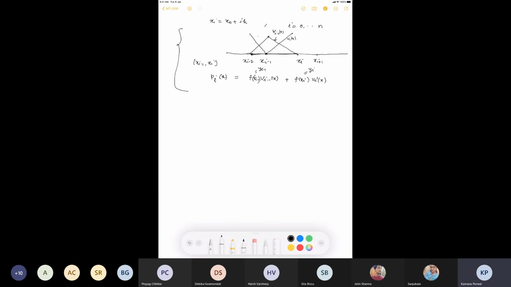I'm going to consider the interval [xi-1, xi], and suppose I want to design a quadratic piecewise interpolating polynomial.